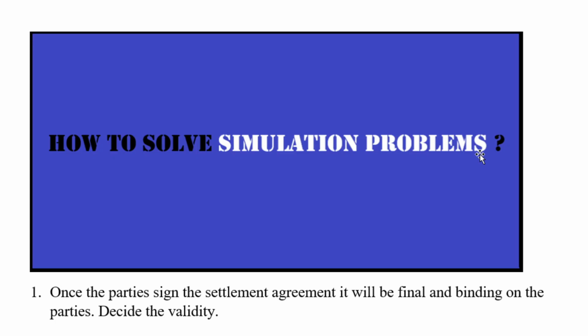That means in the simulation exercise, you have to solve the conciliation problem or exercise, the arbitration problem or exercise, the mediation problem, and the negotiation problem. So 40 marks has been allotted for solving the simulation exercise.